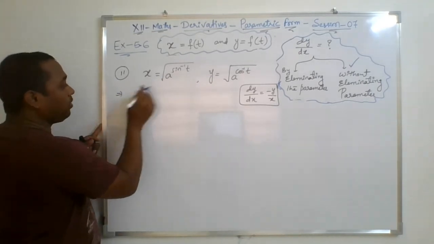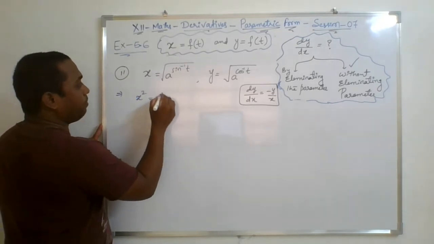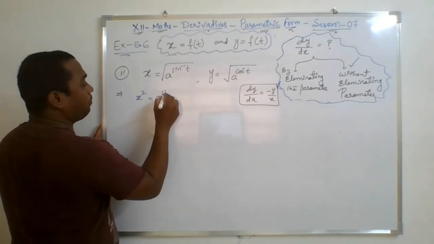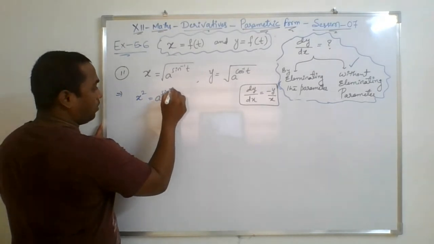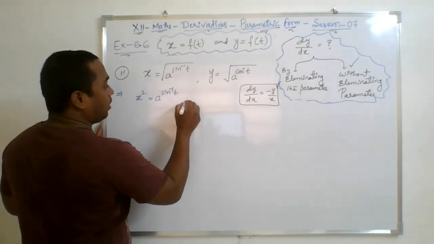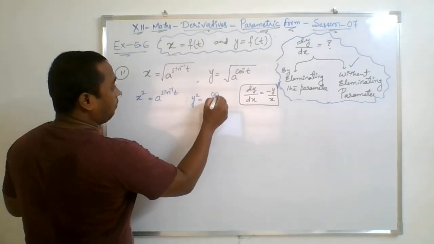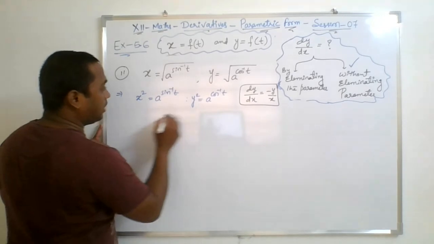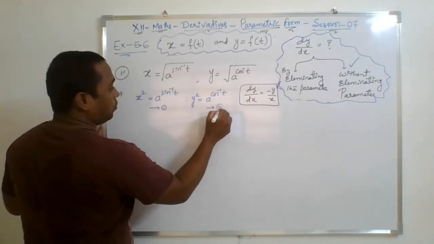See, if I do the squaring on both sides, x square will become a to the power of sine inverse t, and y square is equal to a to the power of cos inverse t. This is result number 1, this is result number 2.